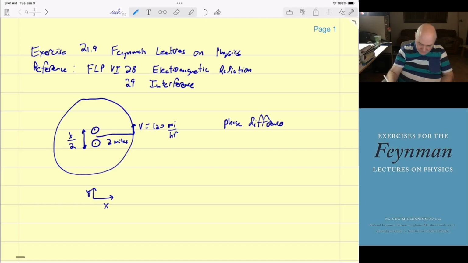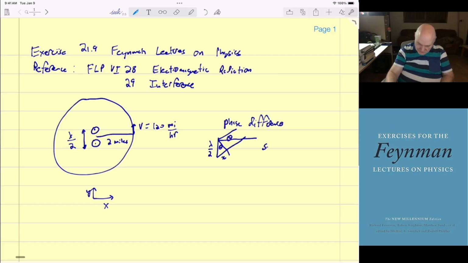So let's calculate the phase difference, and to do that, I'll draw another diagram. This is lambda over 2, and this is one dipole, theta, and this is a perpendicular here, and this distance is what we're interested in. This is the extra distance x. This is also theta.